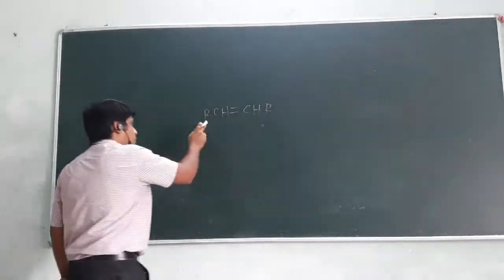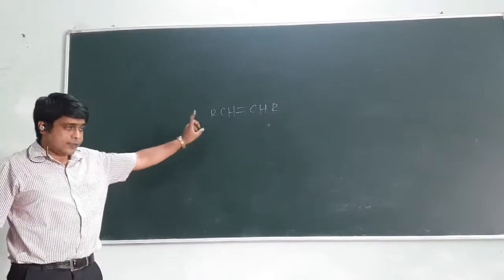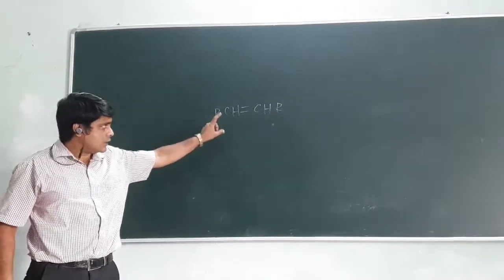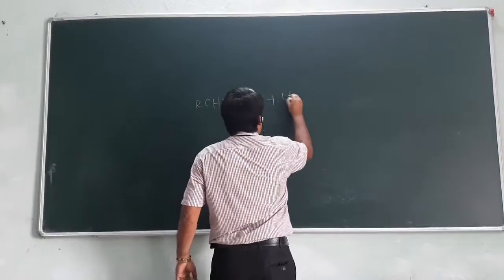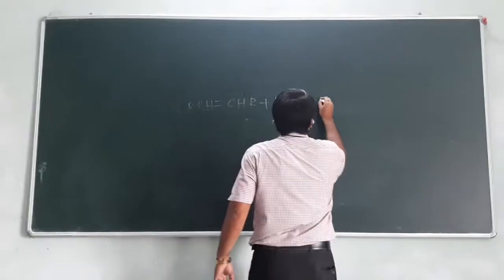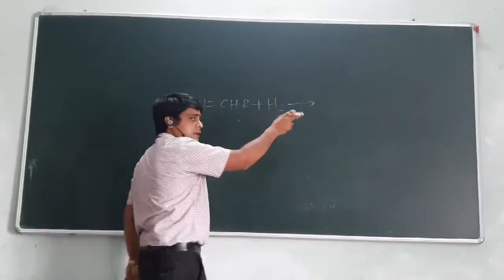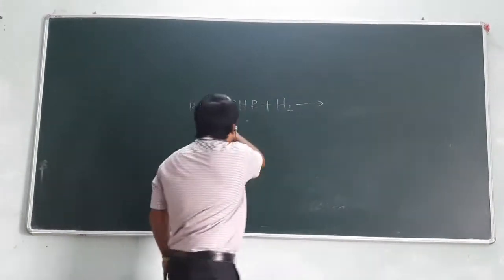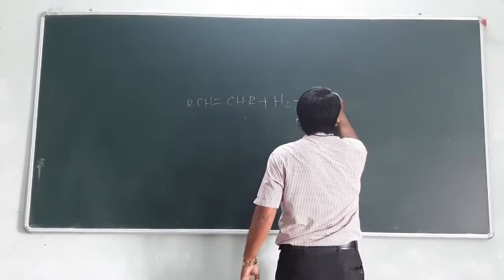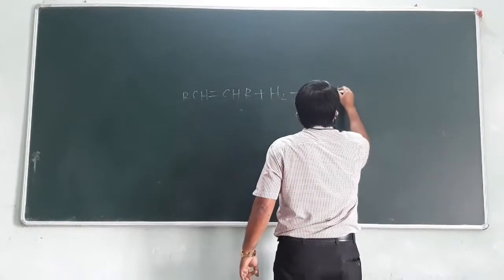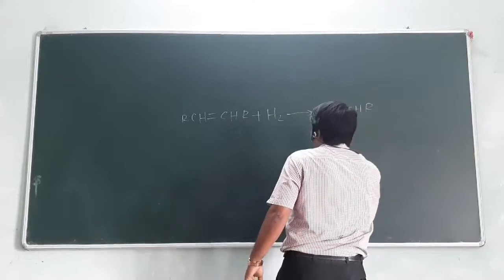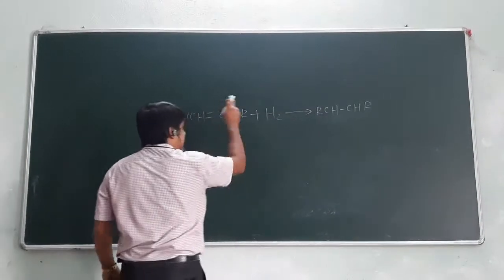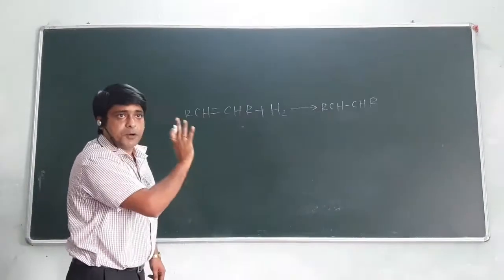Just see, it is one unsaturated hydrocarbon, an example of an alkene. If I hydrogenate it, then it is converted to one alkane. The corresponding alkane is produced. The double bond is broken and converted to a single bond.